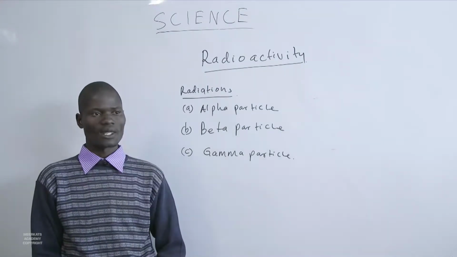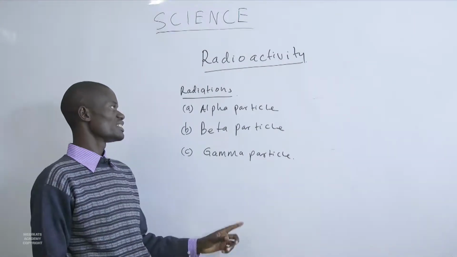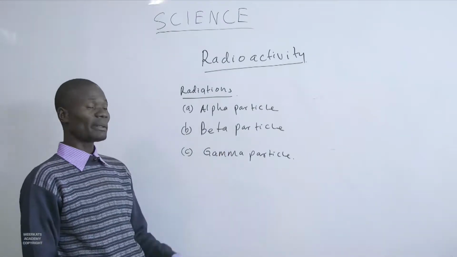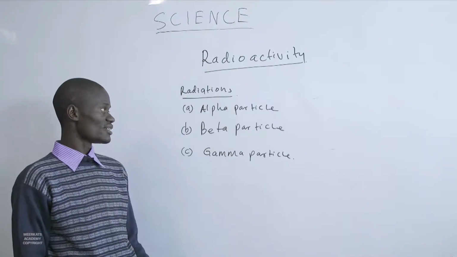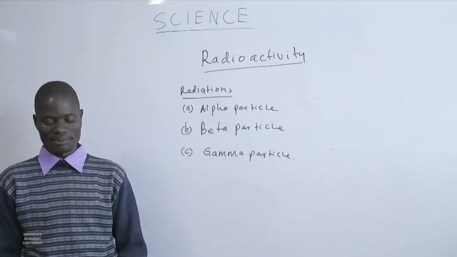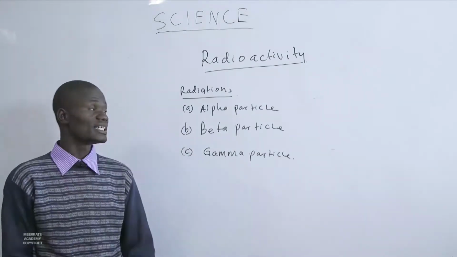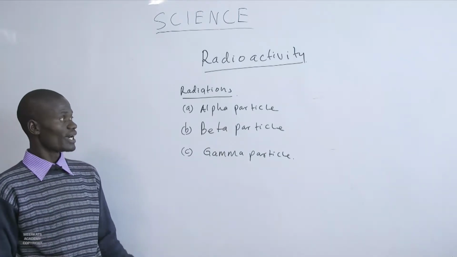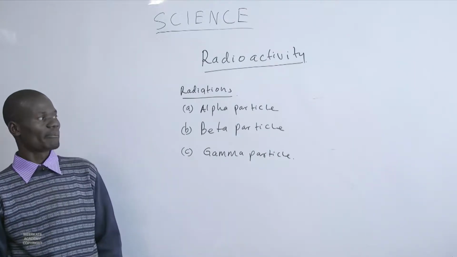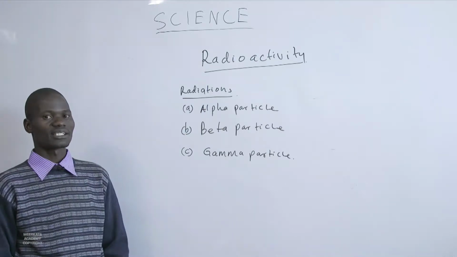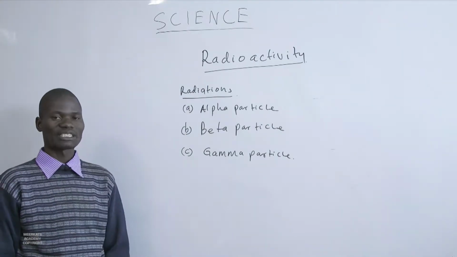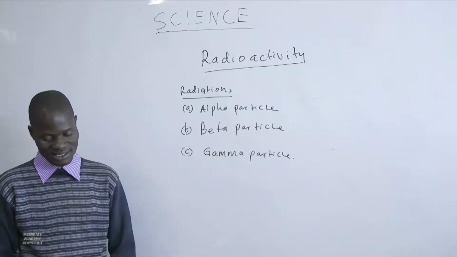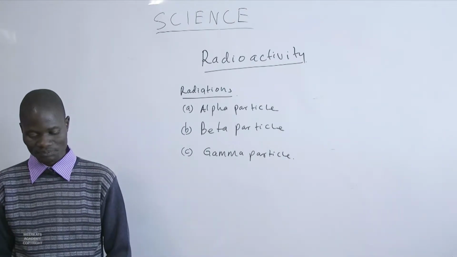In the process, the alpha particles are emitted, the beta particles are emitted, and also gamma. This gives us the three types of radiation: the beta particle, the alpha particle, and lastly the gamma particle.